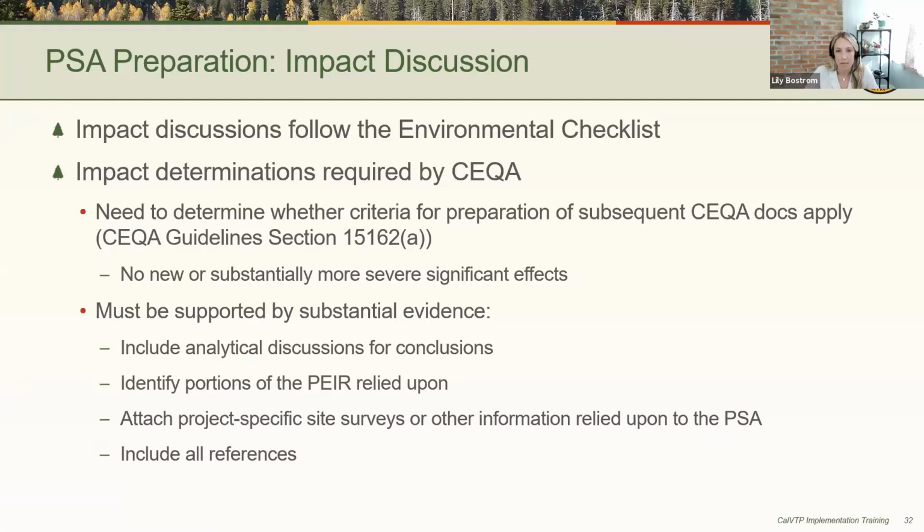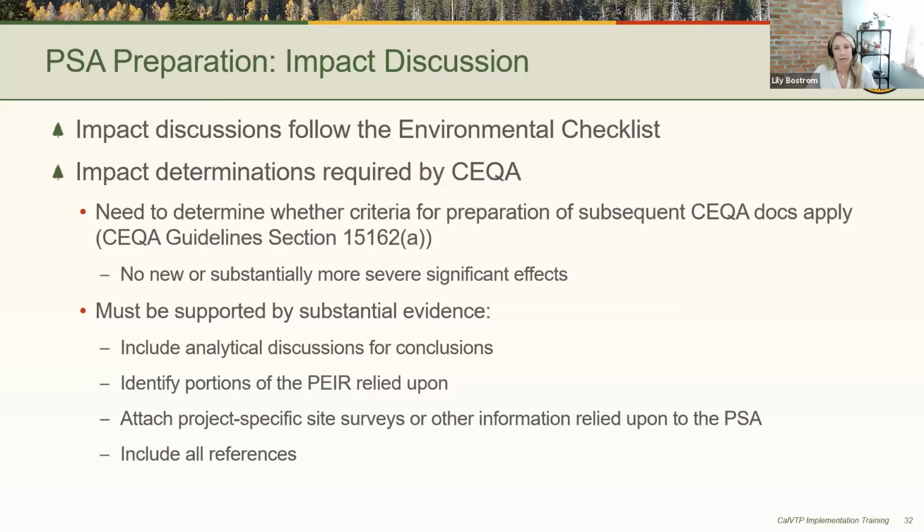So impact discussions do follow the environmental checklist, and the impact determinations that you need to make as required by CEQA are a little bit different than your typical CEQA documents. What you need to do is determine whether the criteria for the preparation of a subsequent CEQA document apply. Those are contained within CEQA Guidelines section 15162(a). But what it really boils down to is whether there are any new or substantially more severe significant impacts. And your conclusions must be supported by substantial evidence.